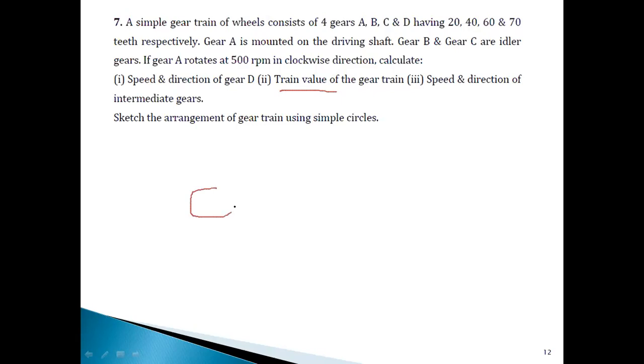This is gear A. It meshes with gear B. Then it meshes with gear C and gear D. So A, B, C, D. Then next it says gear A is mounted on the driving shaft, which means this is our driver gear and this is our driven gear. B and C, they are the idler gears.